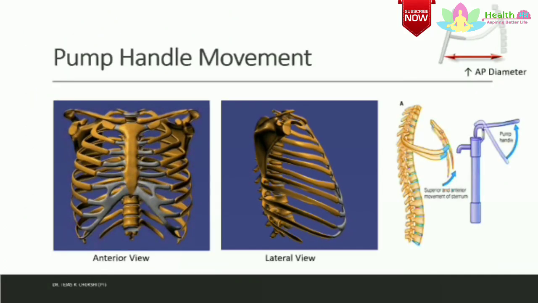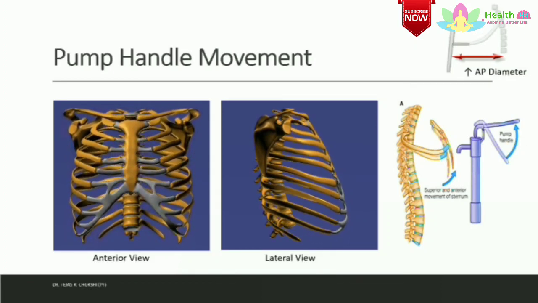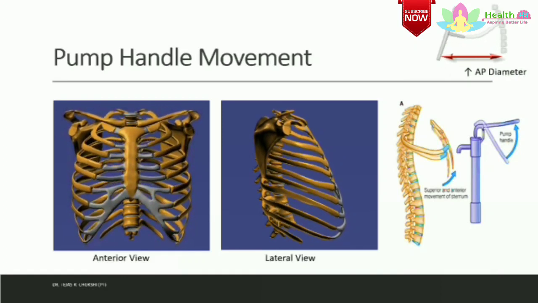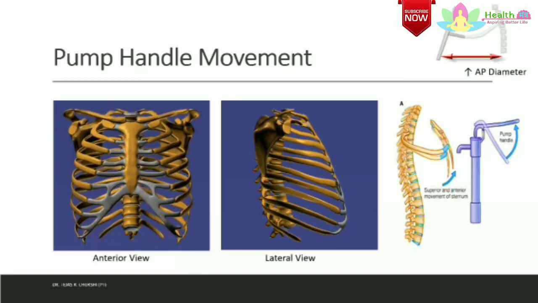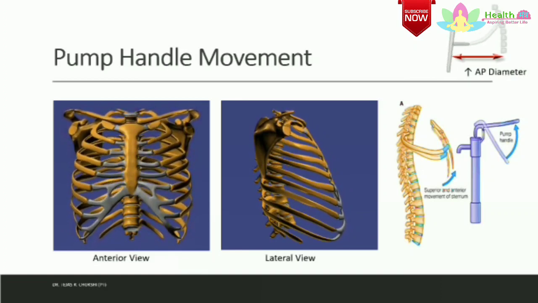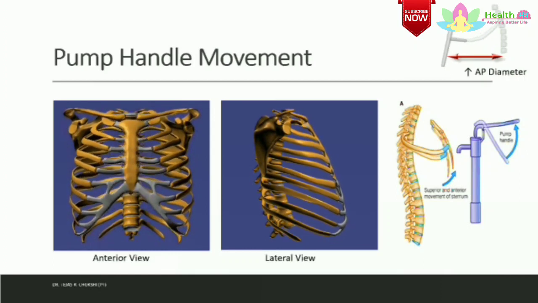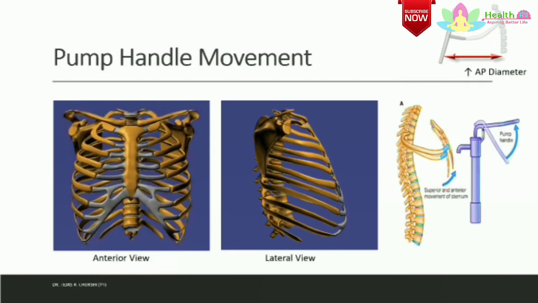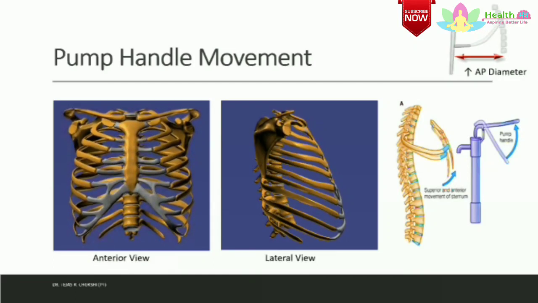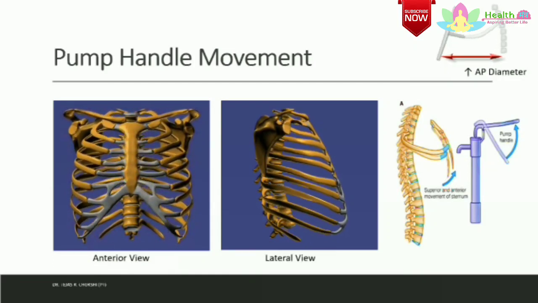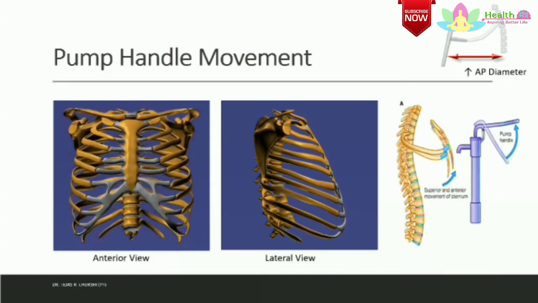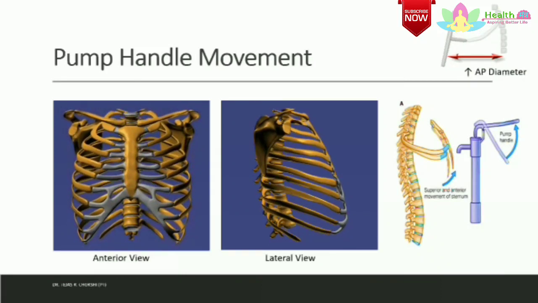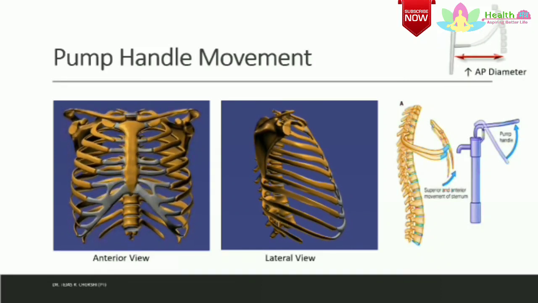Now, most important, pump handle movement. During inspiration, as we all know, the ribs are elevated, but how, that we'll discuss. In the upper ribs, most of the movement occurs at the anterior aspect of the rib, given the nearly frontal axis at the vertebrae. The movement of the ribs pushes the sternum ventrally and superiorly, but the excursion of the manubrium is less because of the body of the sternum and the first rib.